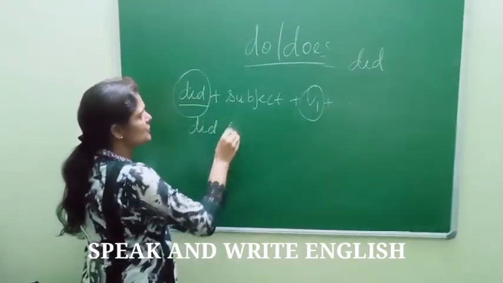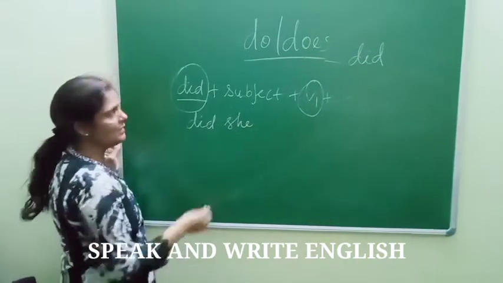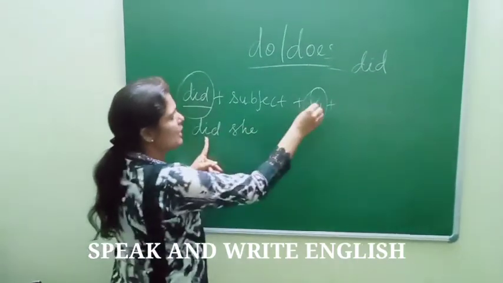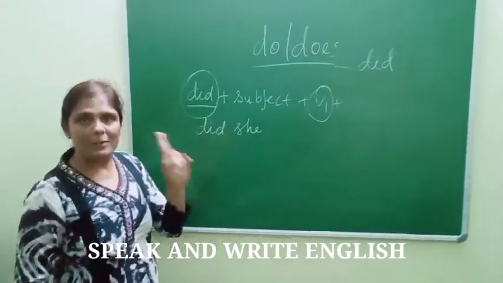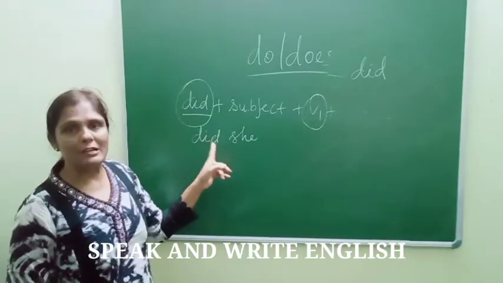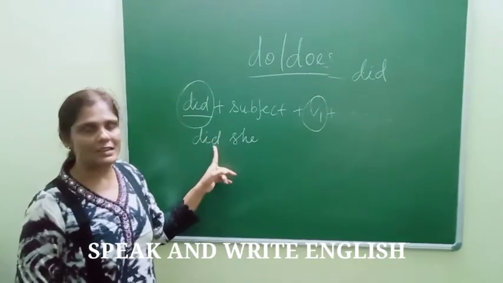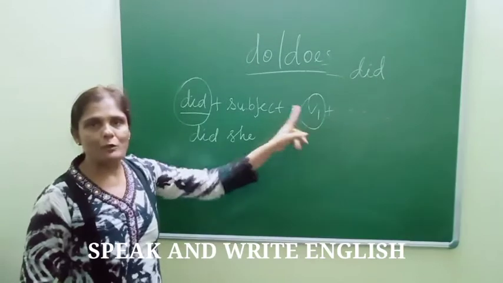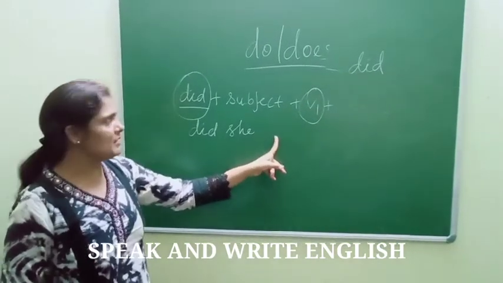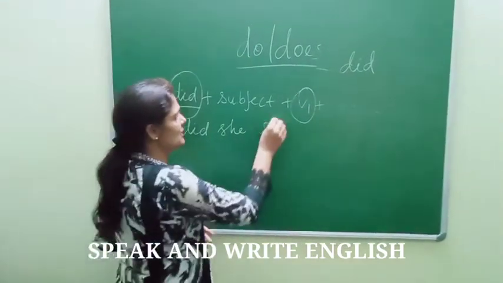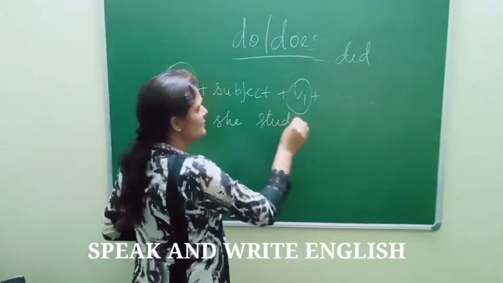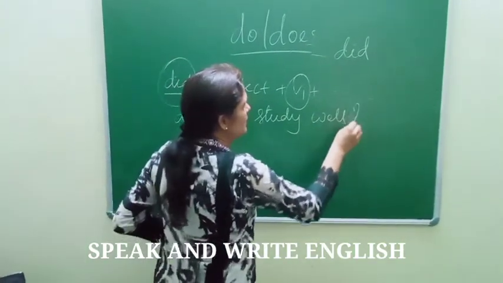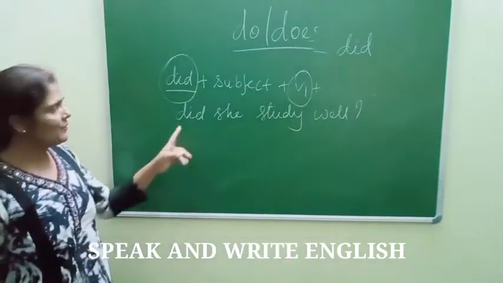Did she, I am taking the subject she, did she, the verb should be there in the present. Even though I have made use of the past auxiliary, even then I have to put my verb in the present. Did she study well?